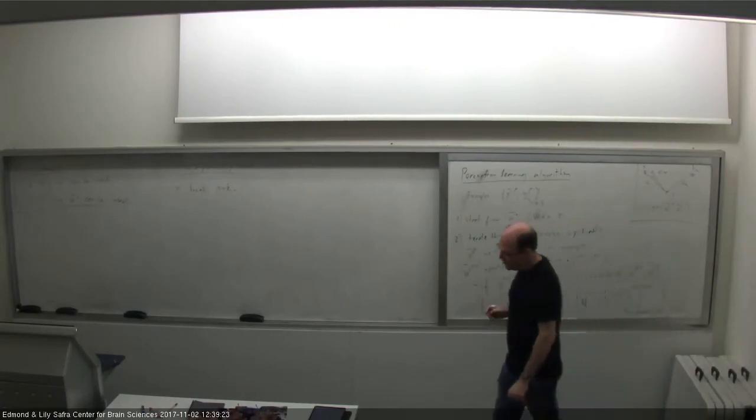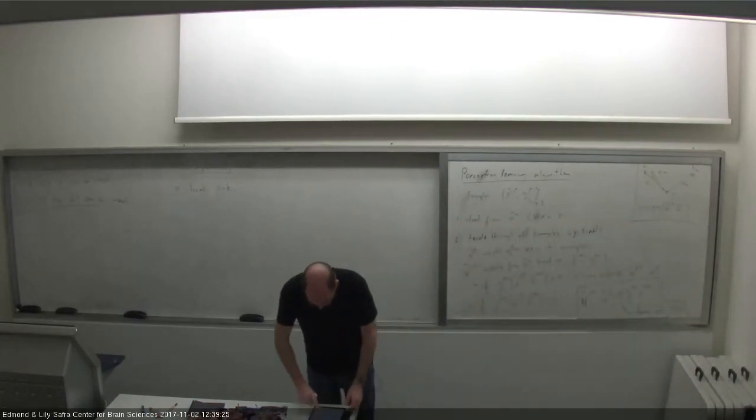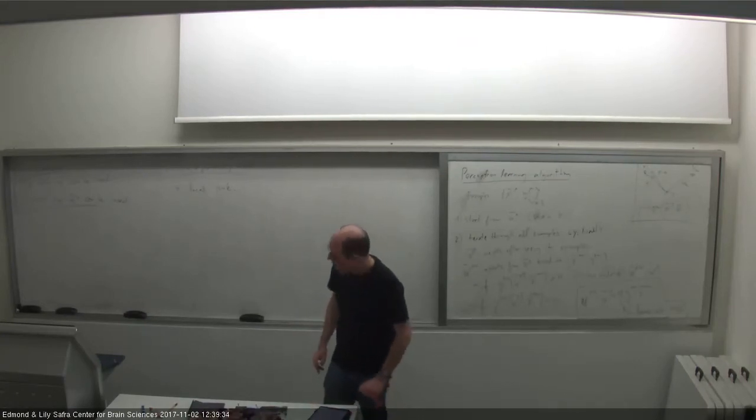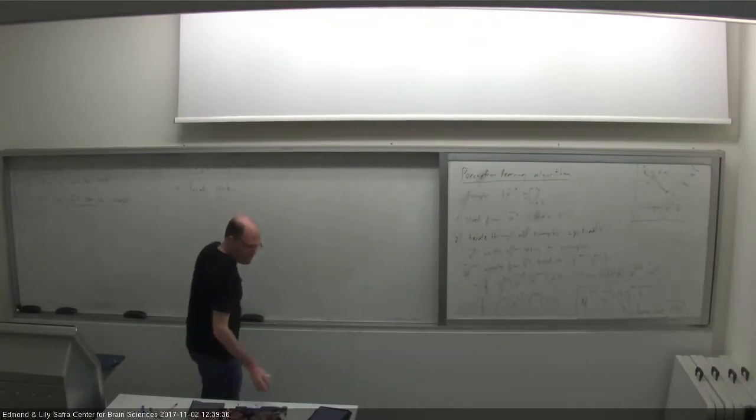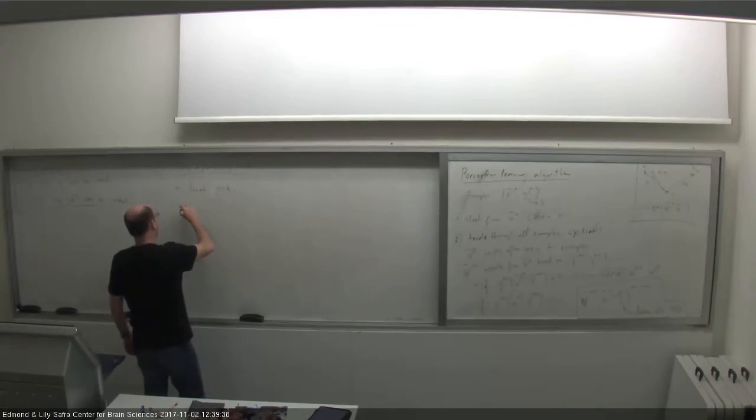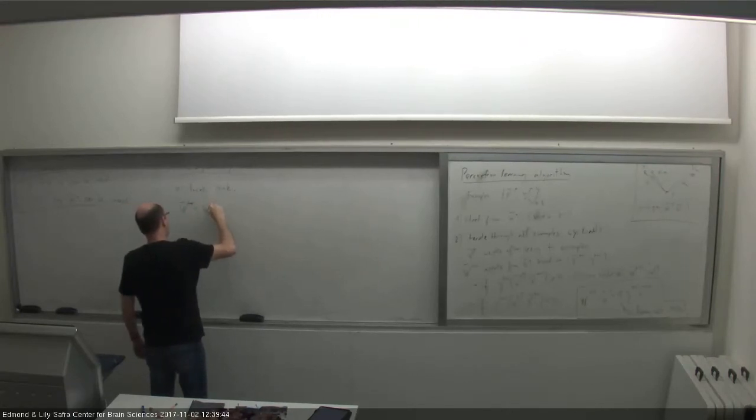Okay? So let me write this a little bit differently. It's not in my notes here, but I will just do it. So we can say that W_{t+1} is equal to W_t.